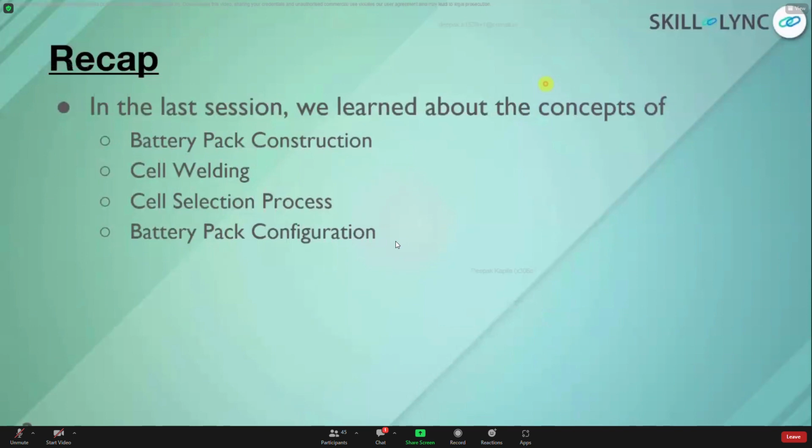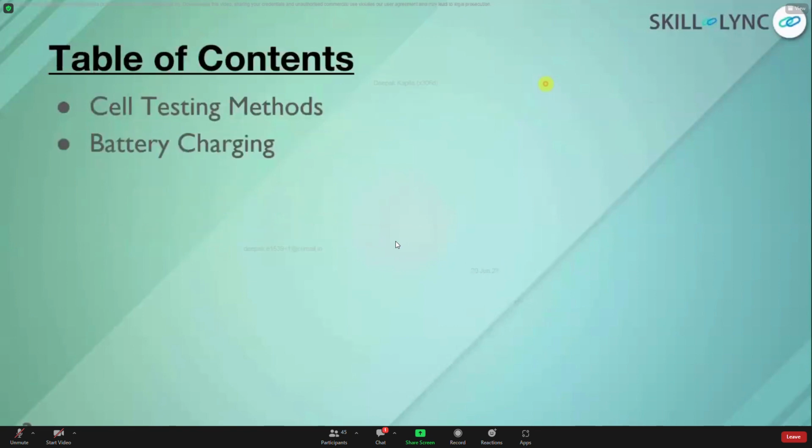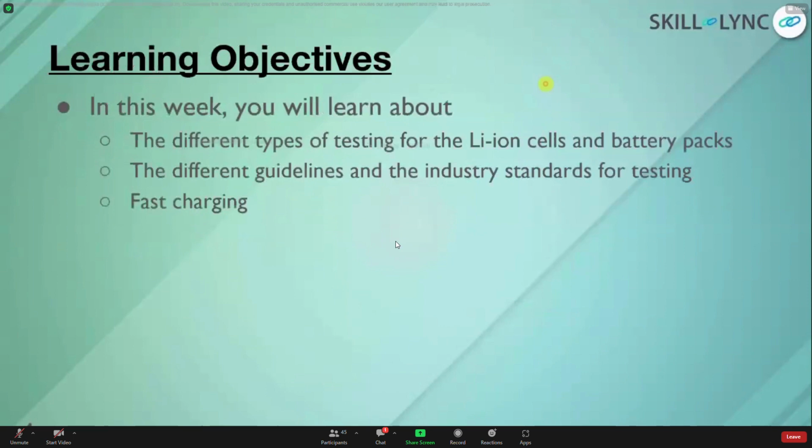All right. So in this session, we will discuss cell testing methods and battery charging along with the fast charging concept. In this week, the learning objective is different types of testing for lithium-ion cells and battery packs.